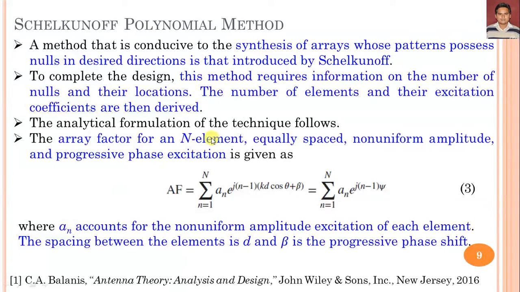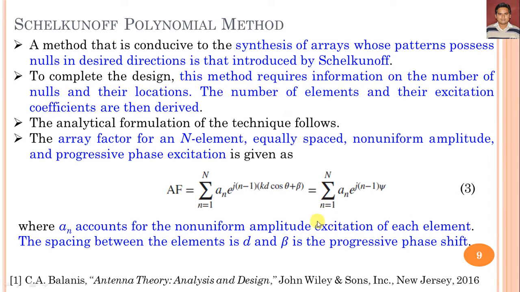The analytical formulation of this technique is as follows. For an array factor of n equally spaced elements with non-uniform amplitude and progressive phase excitation, we can calculate the array factor for n equal to 1 to N by using this expression, as we discussed at the beginning of this lecture 1 of array synthesis, using equation 3, where we put the value of gamma equal to theta when the array is placed along the z axis.